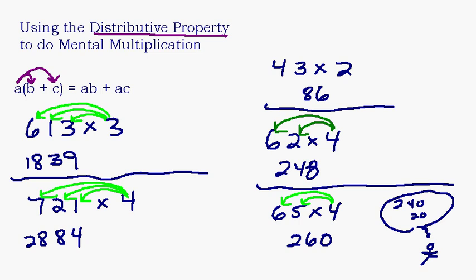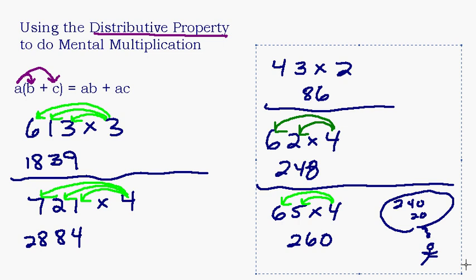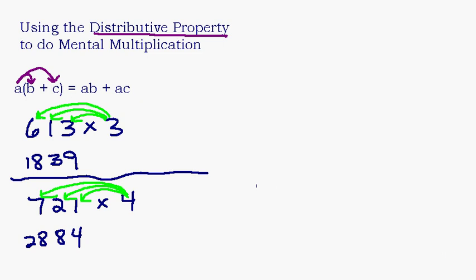Now, if it carries, you're going to have to add that in and carry it over to the next one, which is kind of hard with 3 digits. So let's practice a couple more of the carrying kind with 2 digits. So let's try 64 times 7. Okay, this one could be a little tougher.